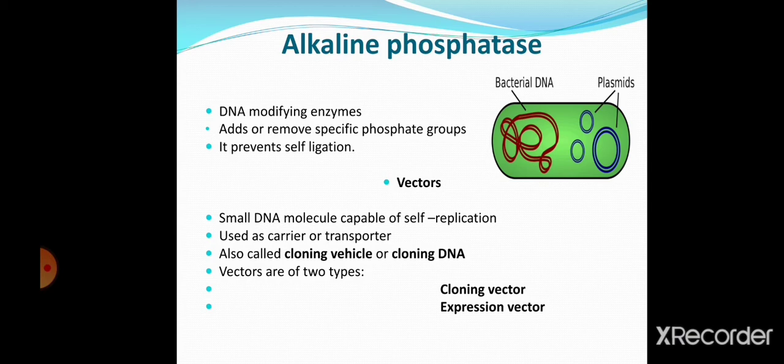Next, we are going to see vectors. What did I tell about vectors, children? It is a DNA molecule used to carry genetic information from one organism into another. These vectors are small DNA molecules capable of self-replication. What is replication?